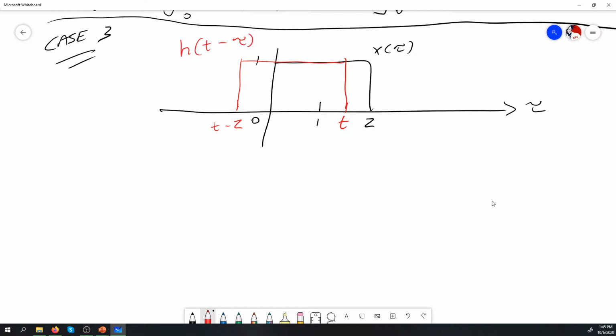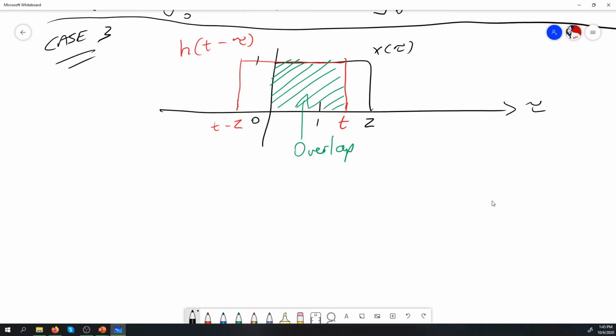So, in watching where your signals overlap with each other, it's going to be this shaded area here. Now let's evaluate the time range for this shift with respect to h of t minus tau.